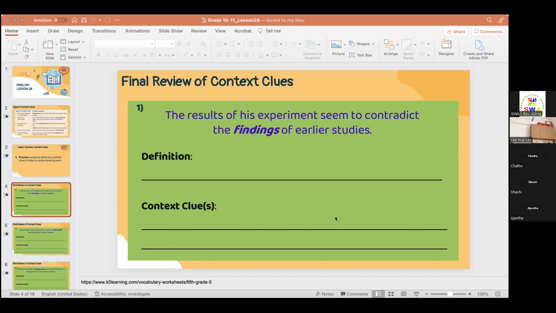Give it a try. Anyone? Result. Then Dharma said results. That's correct.